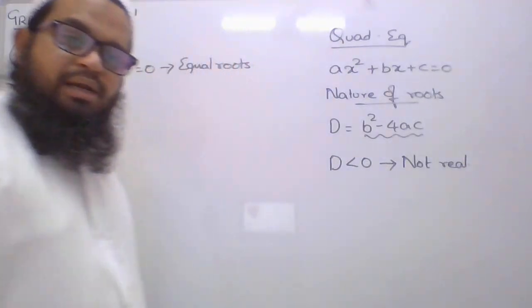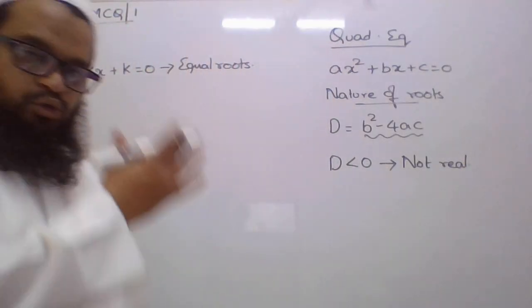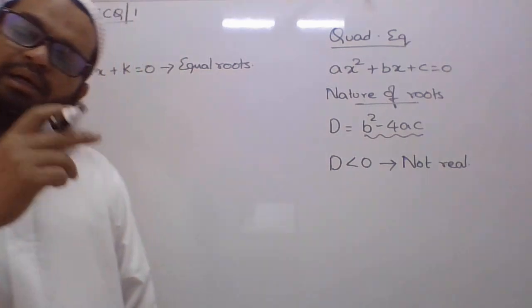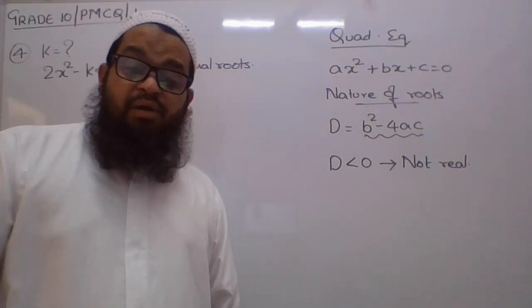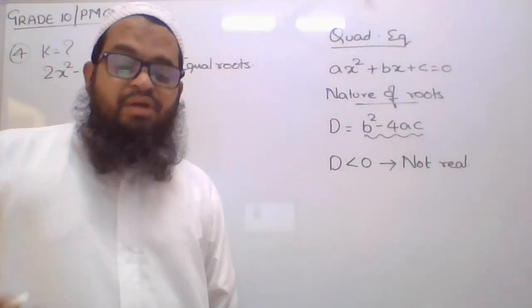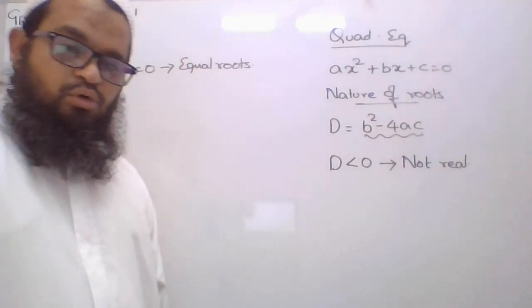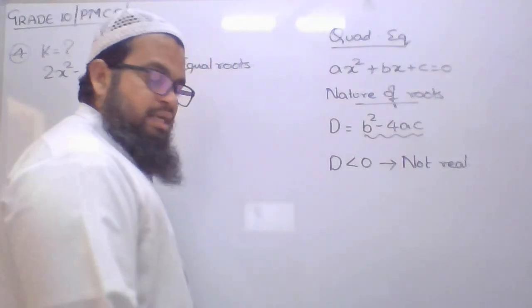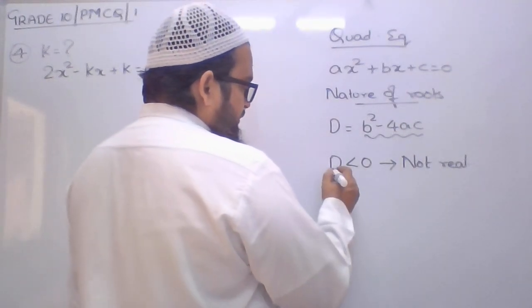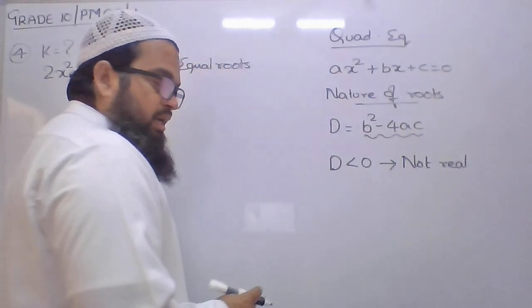Not real means you have not studied about those numbers. Mainly the answer will come as the square root of a negative number. Whenever you get the square root of a negative number, the roots are not real, because the square root of a negative does not exist.